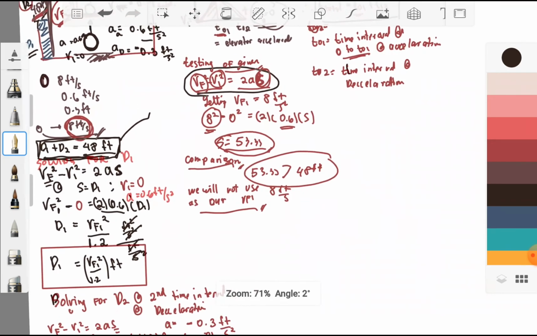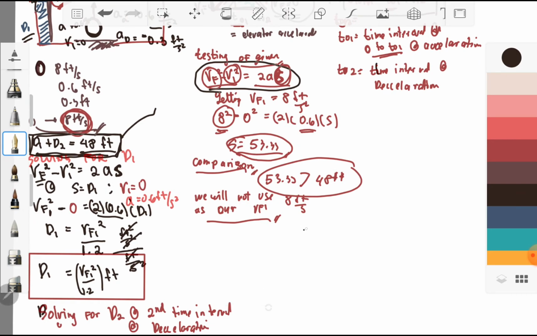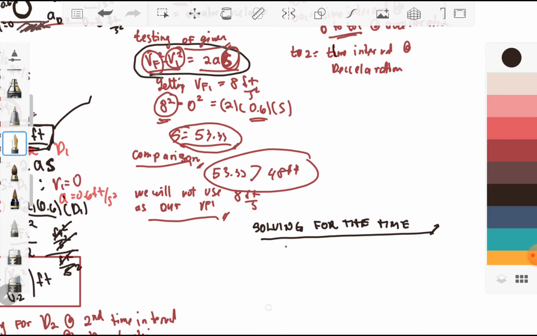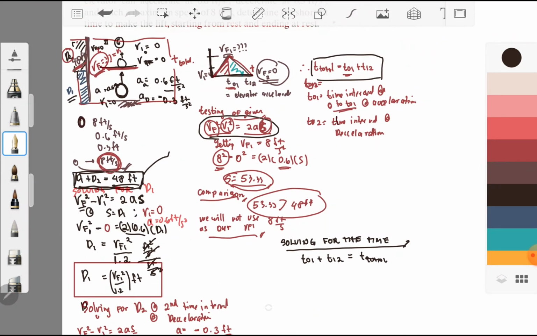Solving for the time, we'll have a value equal to T01 plus T12 equals the total time, T total. But what is our T01? So to solve the T01, take note that we have our first flight here.